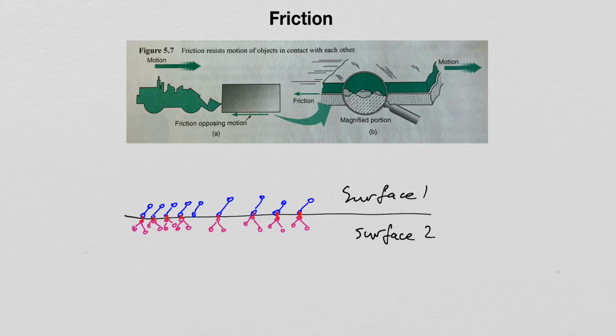So one more time, friction is the combination of two separate processes. One is mechanical interaction between the two surfaces due to irregularities in the surfaces. And the second is adhesive forces arising between the molecules of the two surfaces when the two surfaces are in contact.